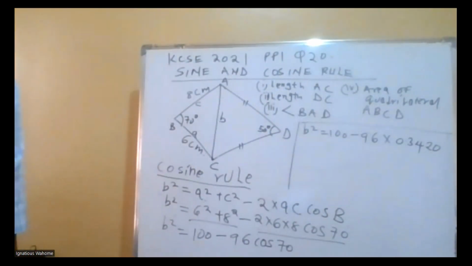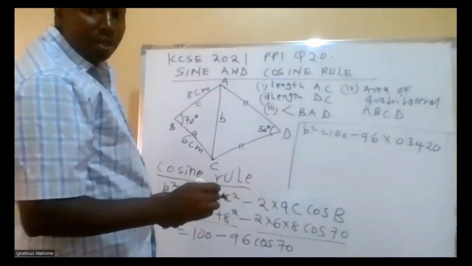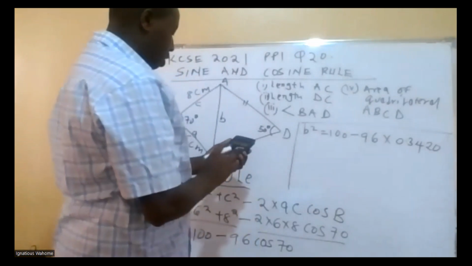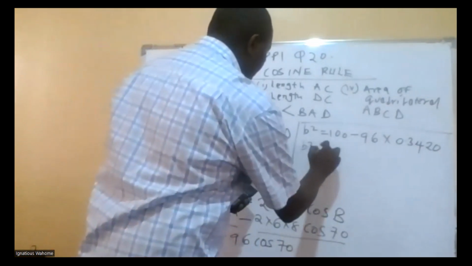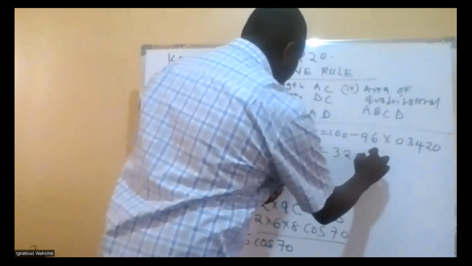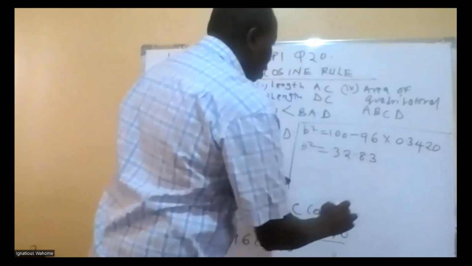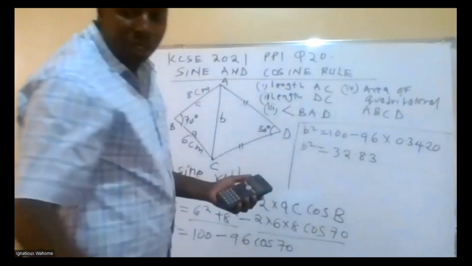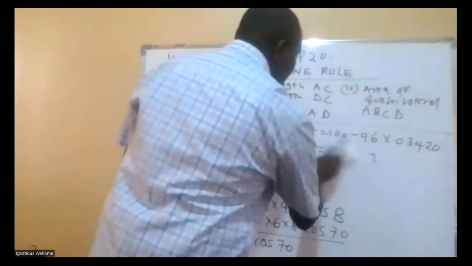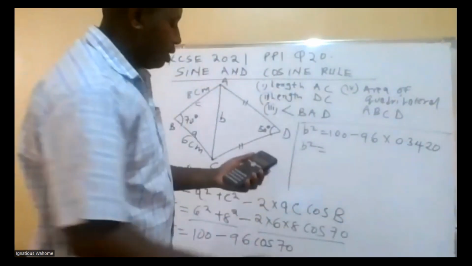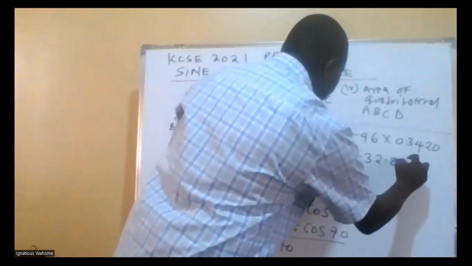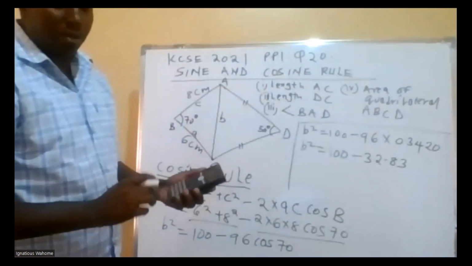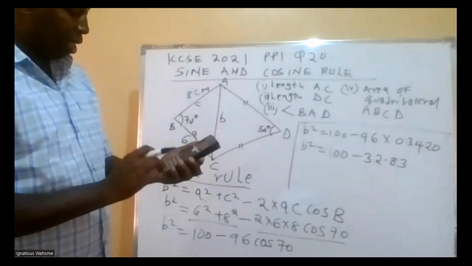So multiply 96 times 0.3420, you get 32.83. So you get 100 minus that 32.83. Subtract 100 minus that one.